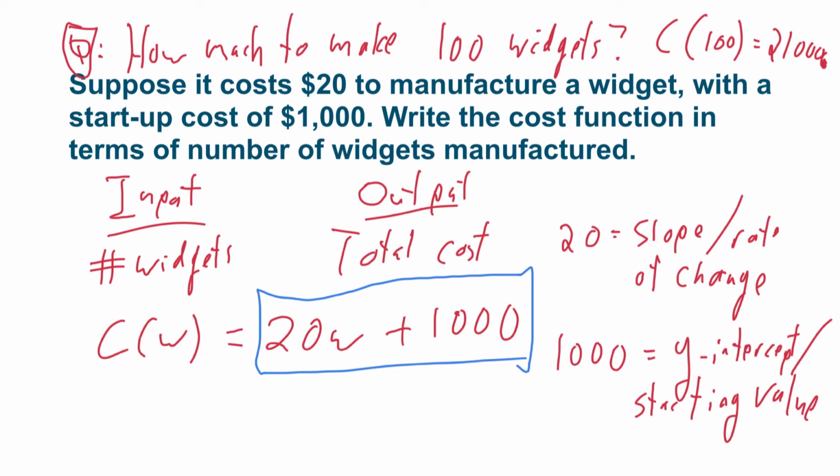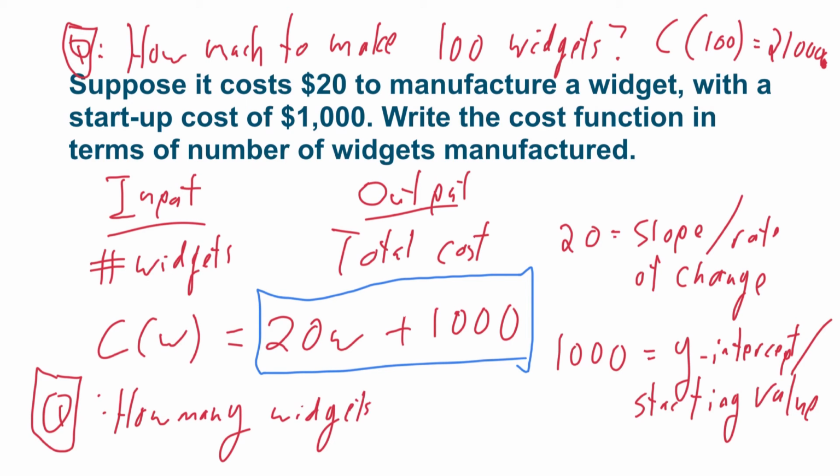Right? 1,000 to start and then 20,000 to make the widgets. And so another question I could ask: how many widgets can I make with, say, $10,000? Well, I would just be solving 10,000 equals C of W. And this would not be difficult, because it's simply an algebraic equation.